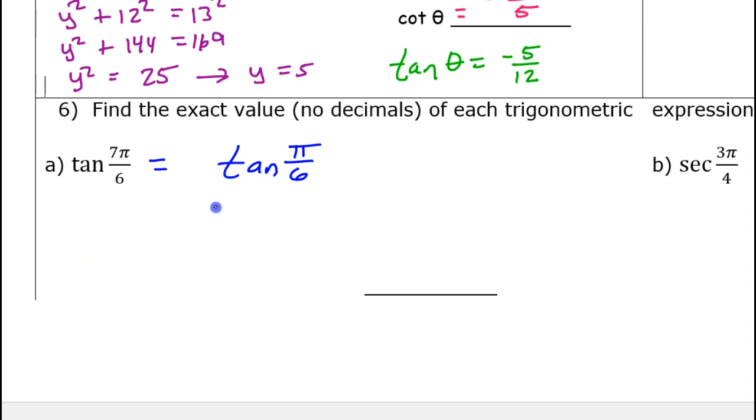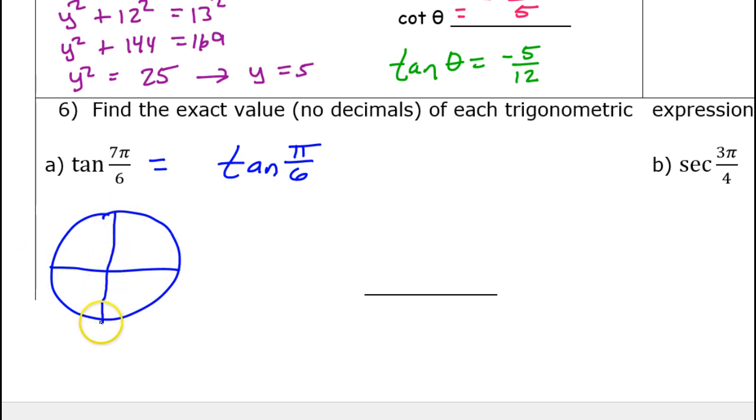And here's how I can figure that out. I do a little sketch and pay attention to the quadrant. So I'm going to do my little sketch right here, my friends. And I'm going to draw the reference angles. So pi over 6 is 1/6 of pi. The top half of my circle is pi. So I'm going to divide this up into 6 pieces.